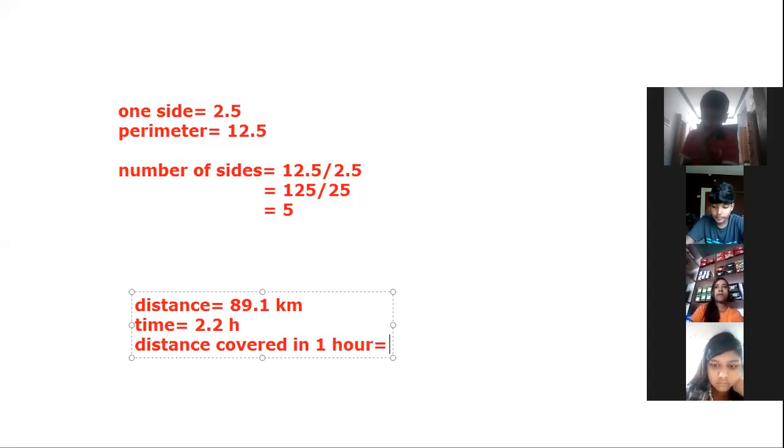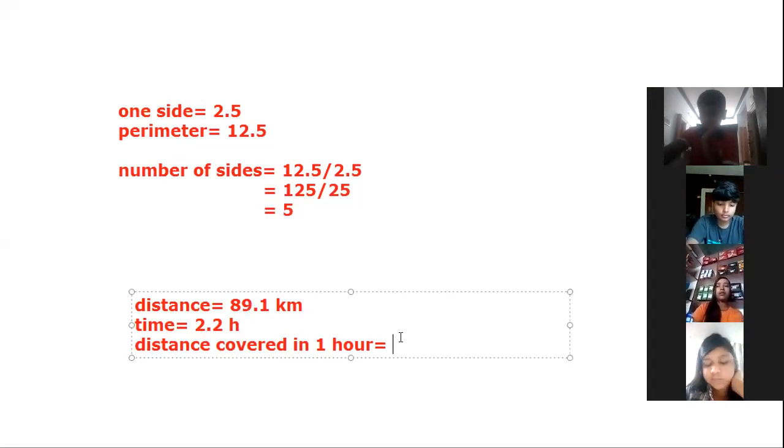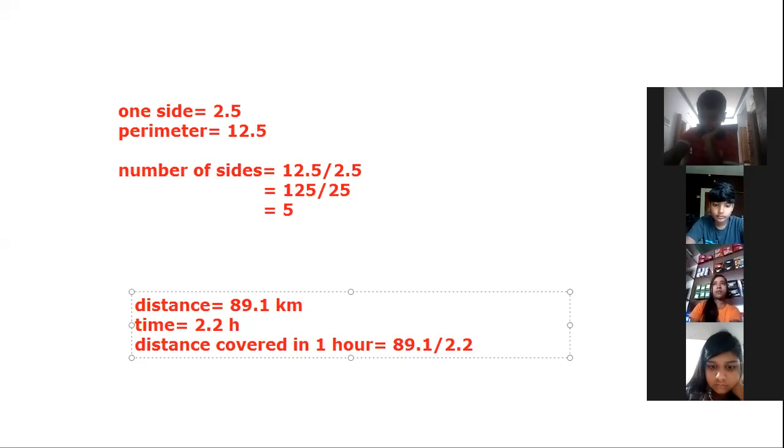In 2.2 hours, it is 89.1 kilometer. Then what about 1 hour? It should be 89.1 divided by 2.2. Is it? The distance covered in 1 hour should be 89.1 divided by 2.2.